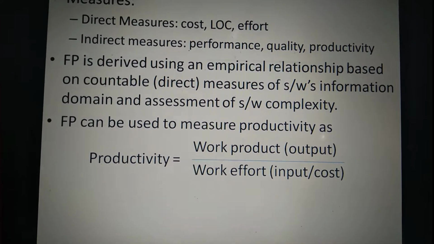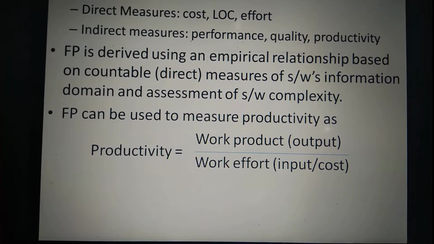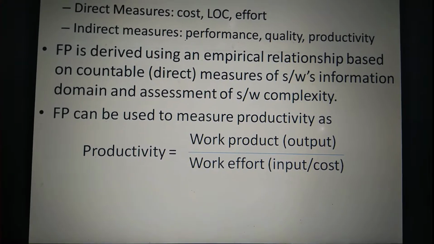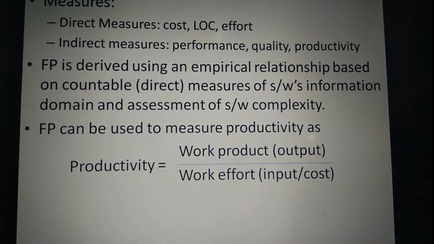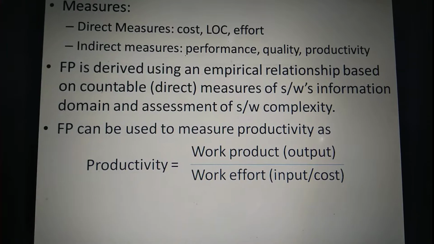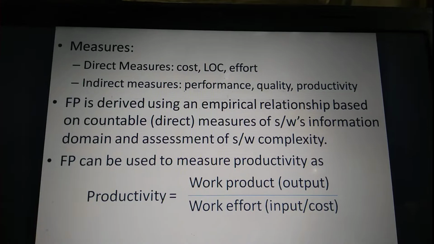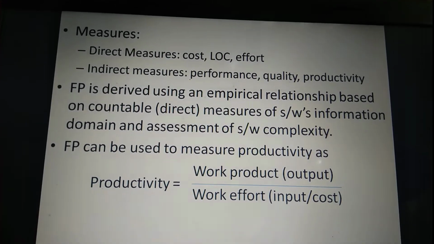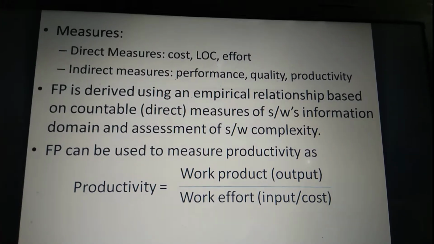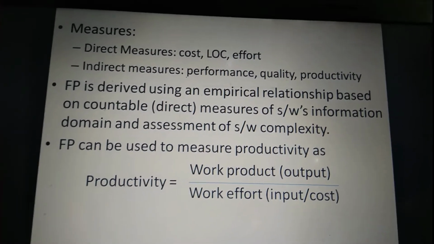With the help of direct measures, we compute indirect measures such as quality, performance, productivity, and so on. Function point is derived using an empirical relationship based on direct measures, meaning countable measures of the software's information domain, and an assessment of software complexity. We can measure productivity with the help of function point as work product by work effort, or we can say output by input or output by cost.